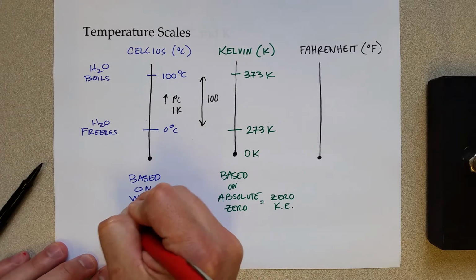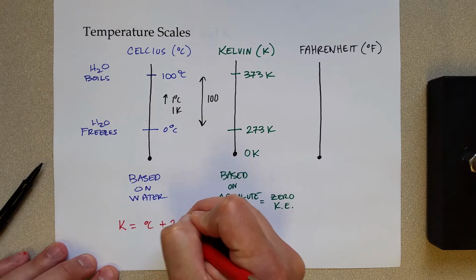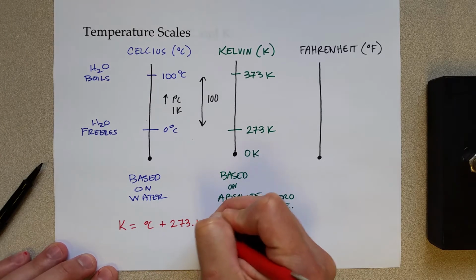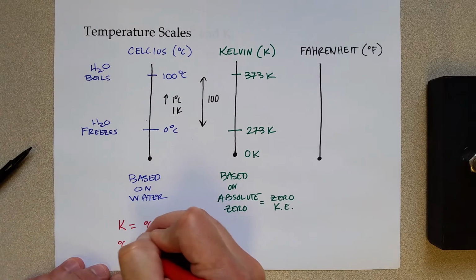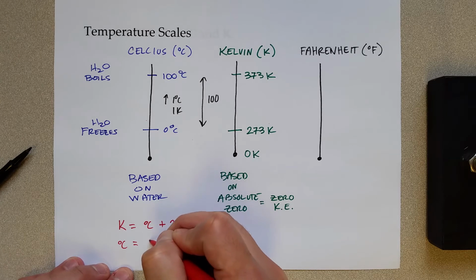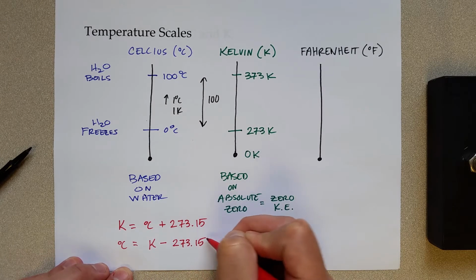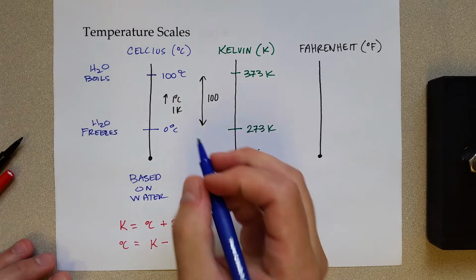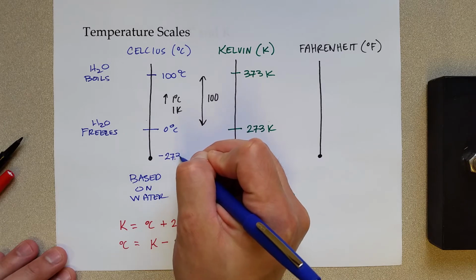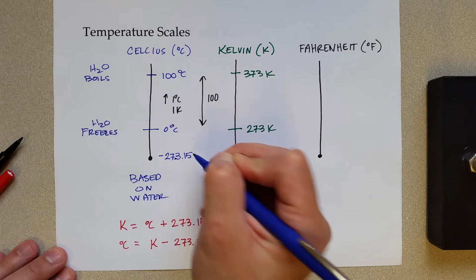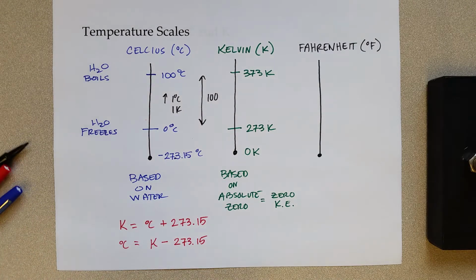So if you want to convert to Kelvin from degrees Celsius, you would add 273.15 to be a little bit more exact. And if you're going from Kelvin to degrees Celsius, you would subtract that value. By the way, that puts absolute 0 on the Celsius scale at negative 273.15.